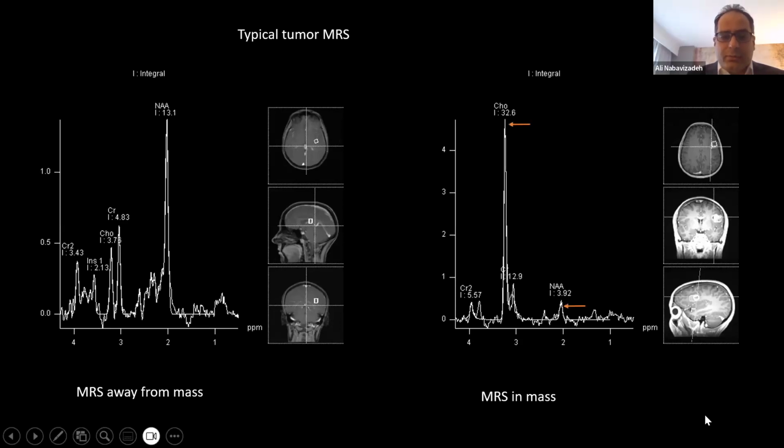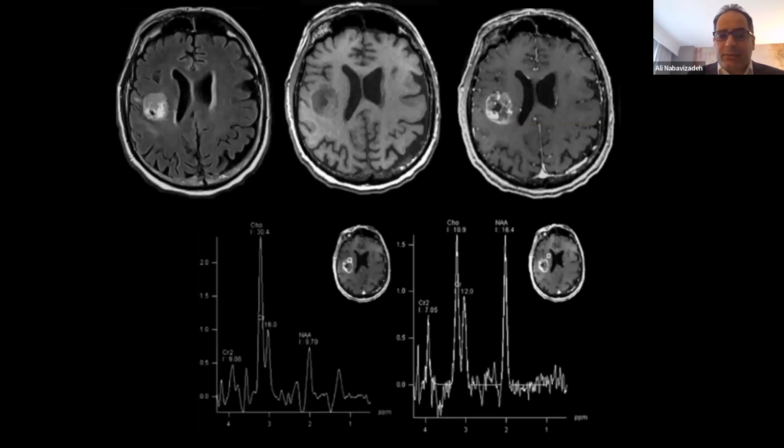And we can also use MRS to differentiate high-grade glioma from metastasis, because high-grade gliomas tend to be invasive into adjacent white matter.